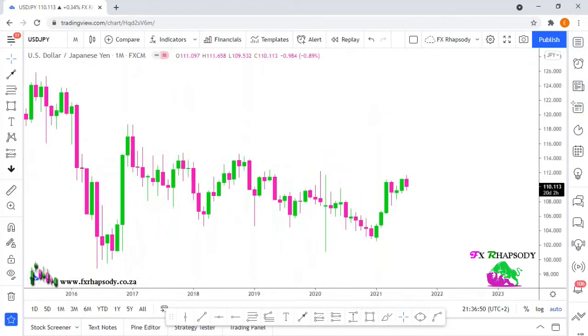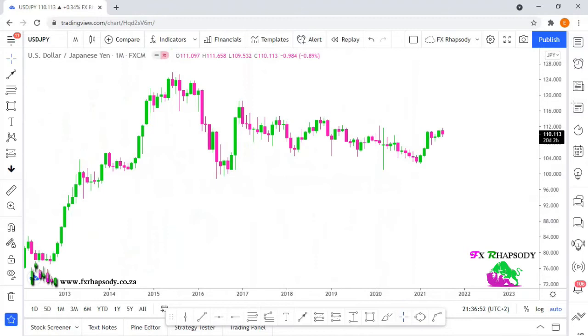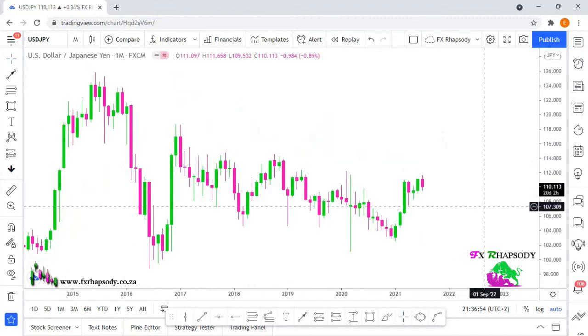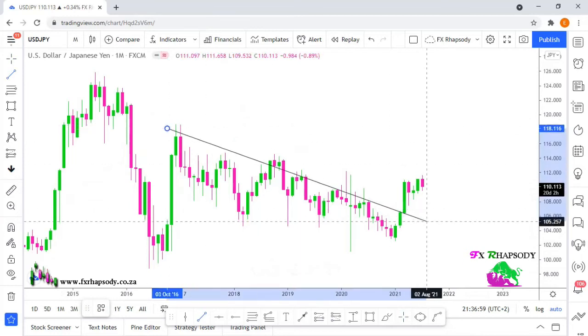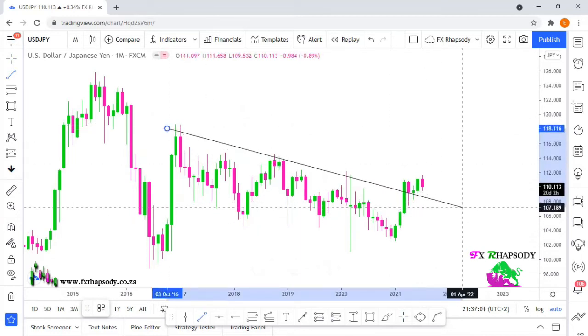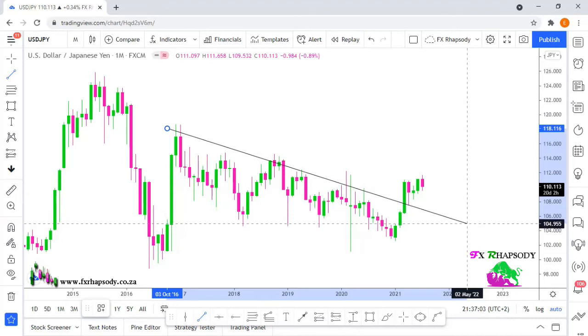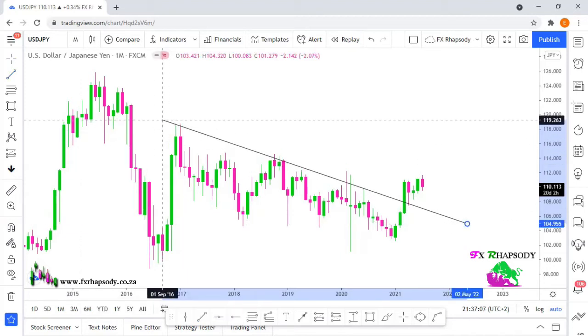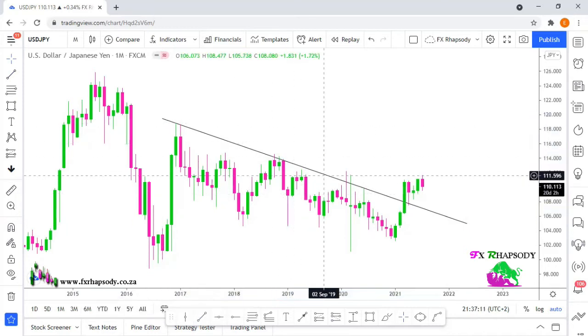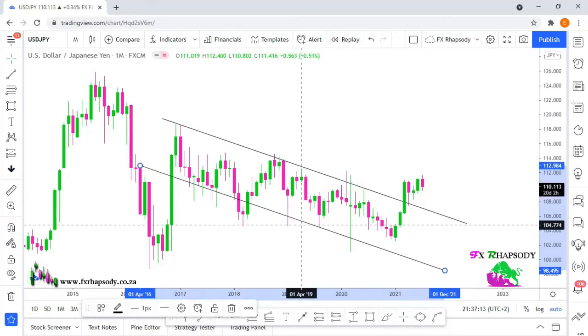On a monthly time frame, what we can see is this nice, let me just draw it perfectly, there we go, move it up slightly, right about there. Okay, that was our trend line.